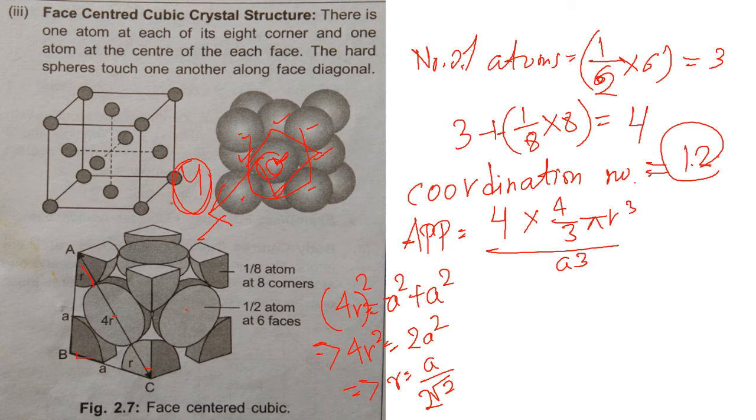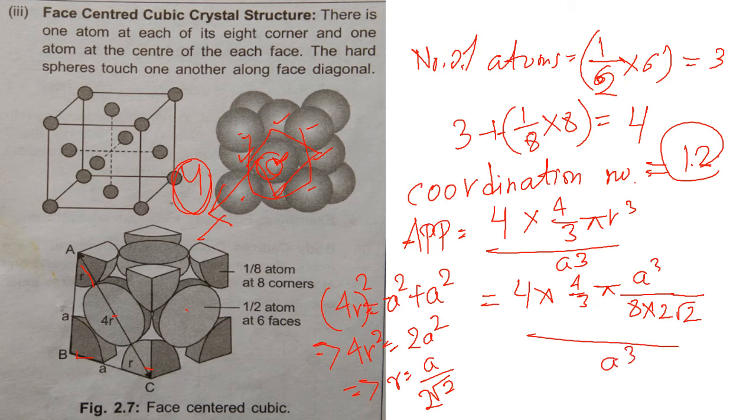Do you understand? Okay. You just put the formula: a into 4 by 3 pi, and r is a cubed by 8 into 2 root 2, which gives 16 by a cubed. By solving this you get 0.74.